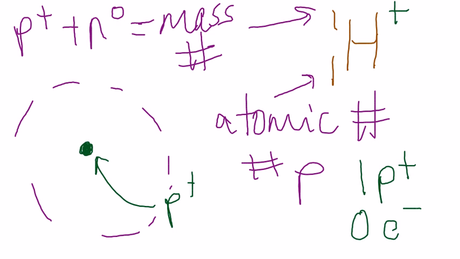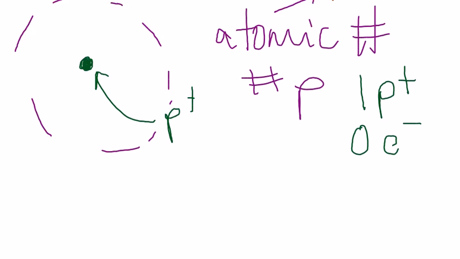Let me give you another example. The example that I'll use this time is going to be magnesium, Mg. Magnesium has the atomic number 12, and we'll say this is magnesium 24, which means it's stable in terms of the nucleus.